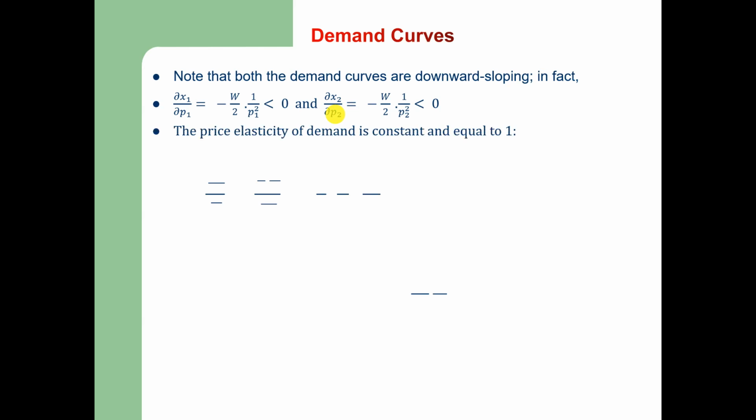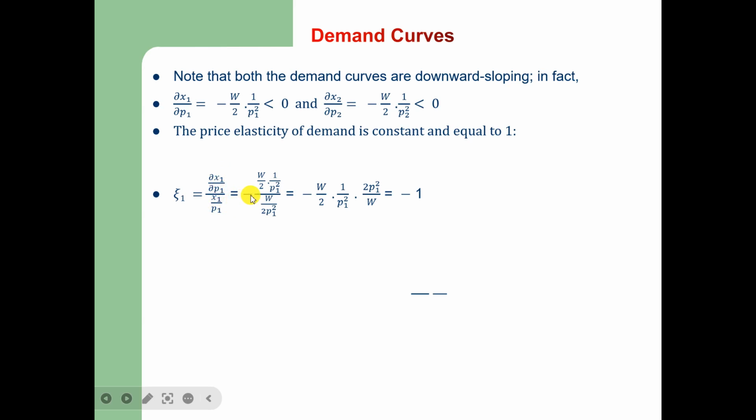Now we can also show that the price elasticity of demand is constant, and that is equal to 1. So how can we prove that? Let us start with the definition of the elasticity. This is the own price elasticity for good 1, and it is equal to the ratio of the partial derivative of x1 with respect to p1 divided by x1 divided by p1.